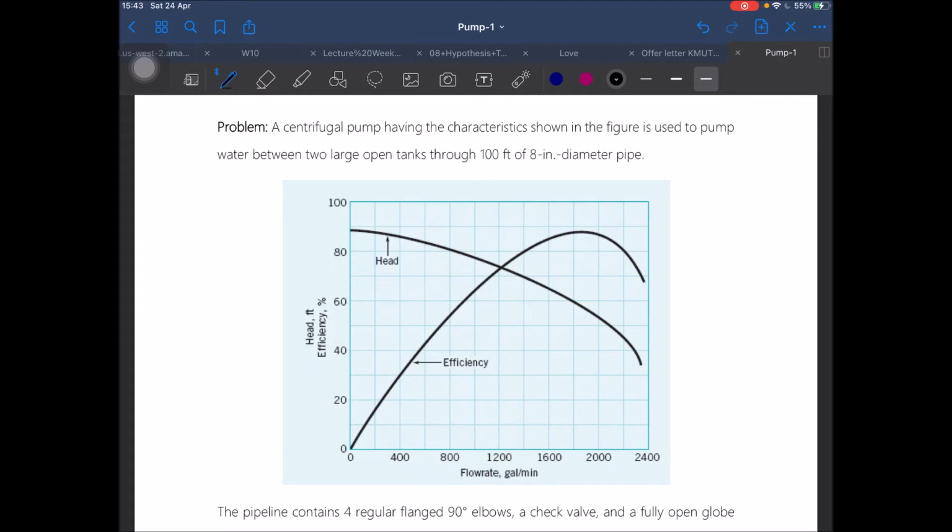So now let's read the questions one by one, thoroughly. Now we can see that this centrifugal pump is what we're studying. It's the pump that has the characteristics shown in the figure.